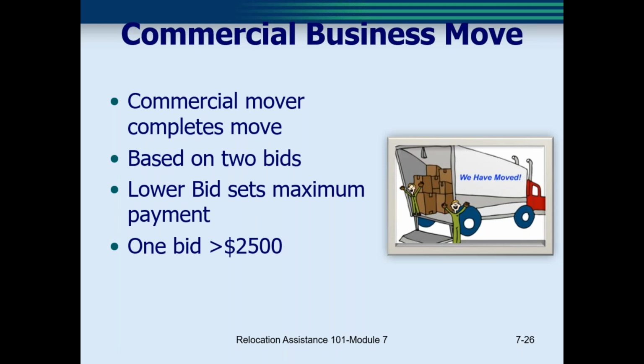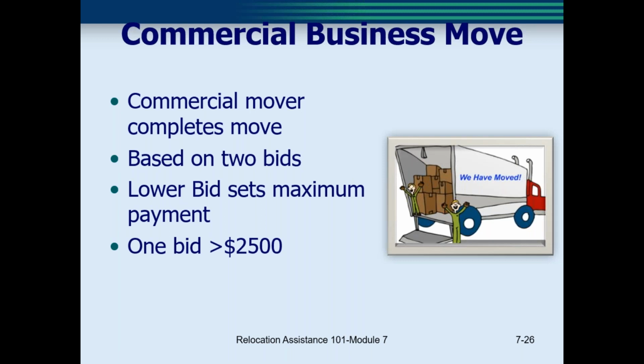They don't have to use the 2 movers that you based your maximum bid on. But again, you have set the maximum amount. Your maximum amount was 19,000 because that was your low bid. So they can have Mike's Movers do the move, but you're only paying up to 19,000.